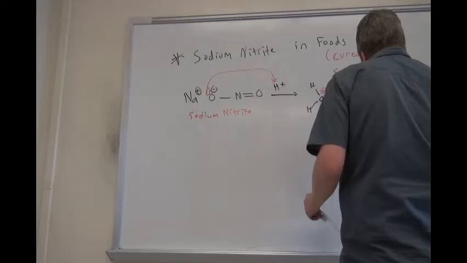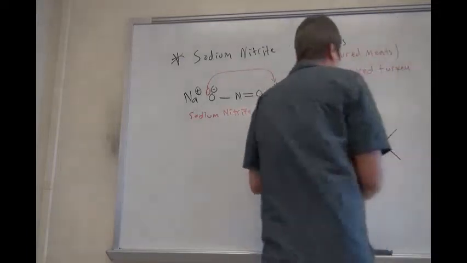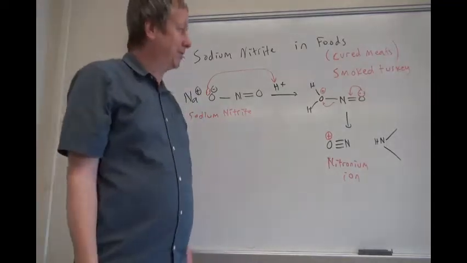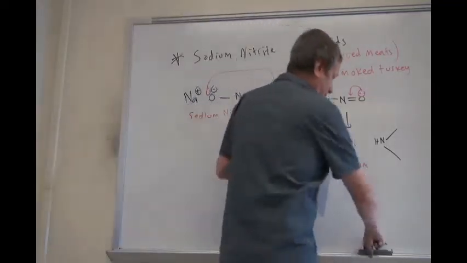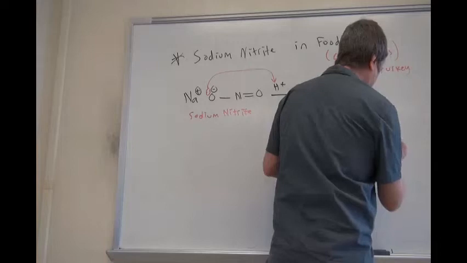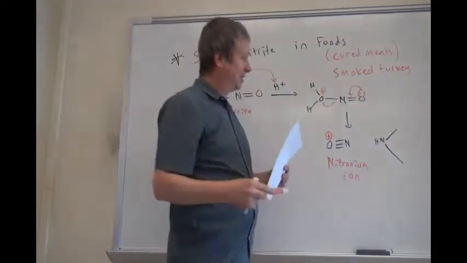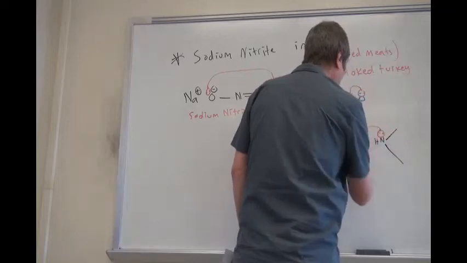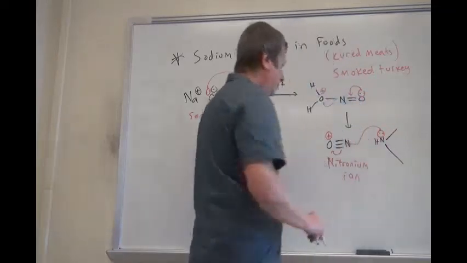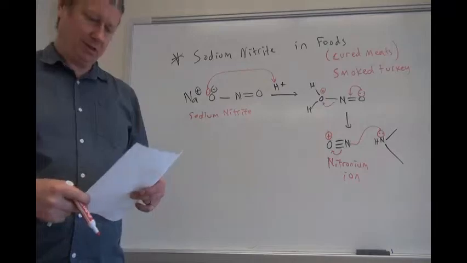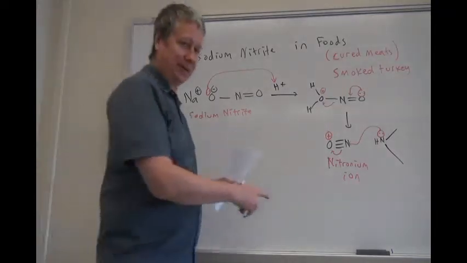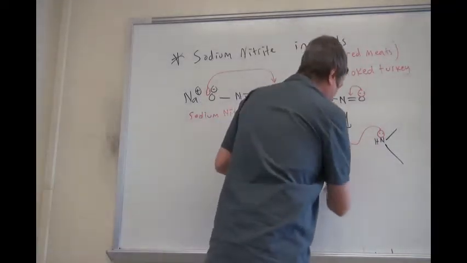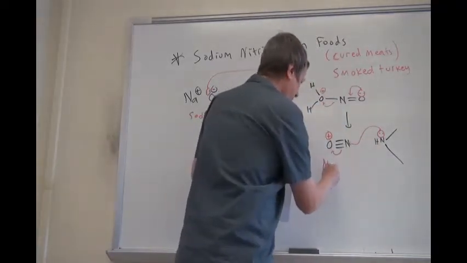Now, a lot of meats and foods have amines in them, especially meats, and a lot of fishes and things like that. Fish and meat have amines in them. Well, anyway, guess what happens when an amine sees this? It actually attacks nitrosium. I got this wrong. It's not nitronium, it's nitrosium. Nitrosium ion.